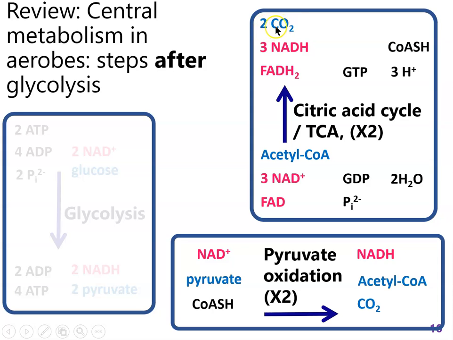And again, that's as oxidized as carbon can be. That means we've taken the electrons off of that carbon and put them onto the NAD and FAD, resulting in NADH and FADH2. These are the electron carriers in the form when they are carrying the electrons. Okay, so let's go to the next slide.